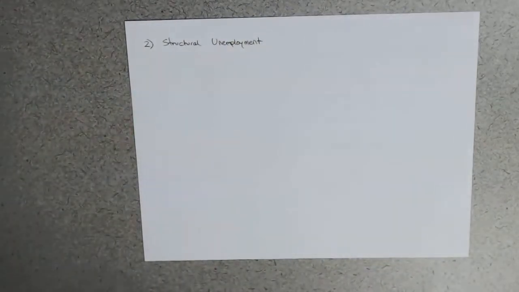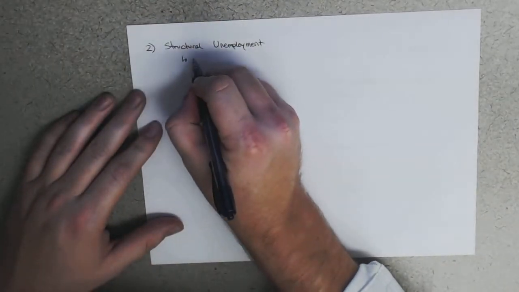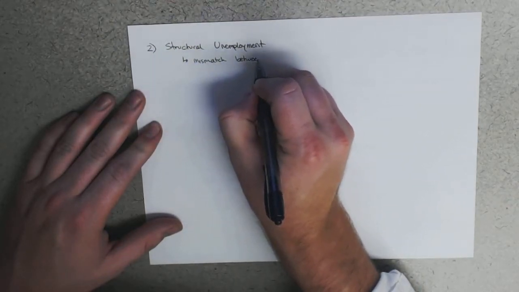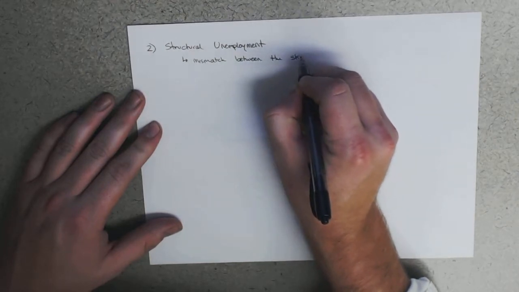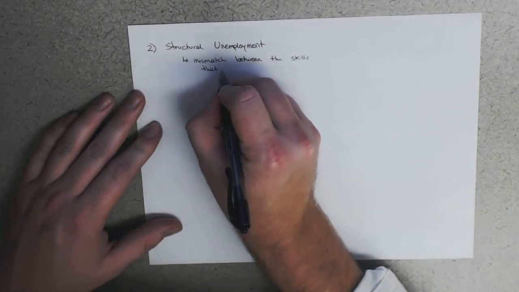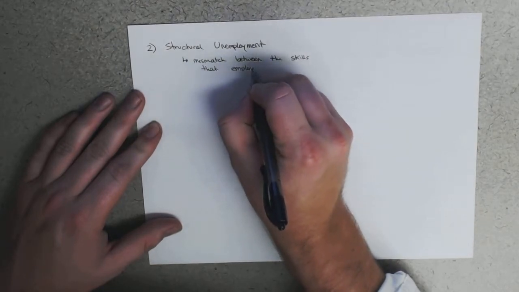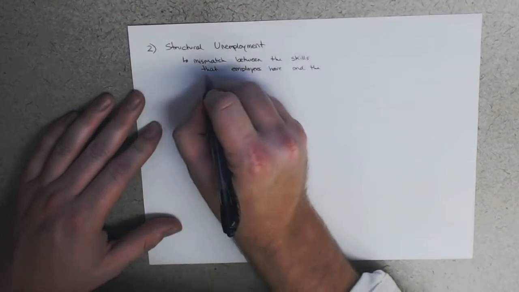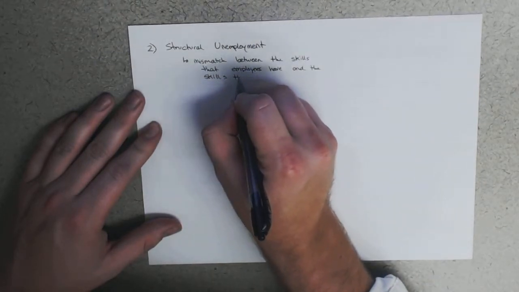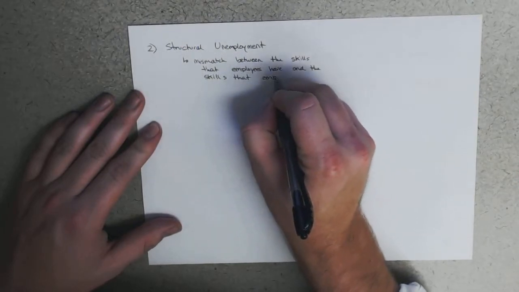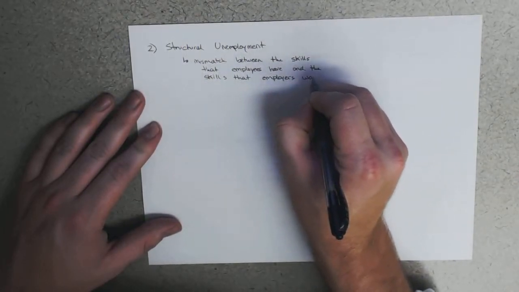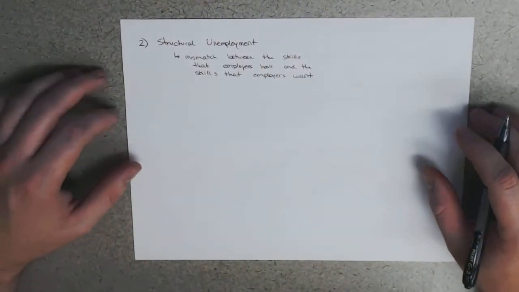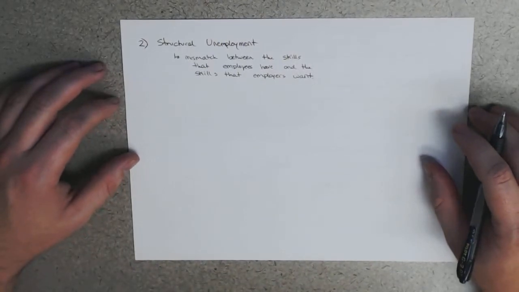This is whenever there's a mismatch between the skills that employees have and the skills that employers want. Okay, so it's a mismatch between the skills that employees have and the skills that employers want.